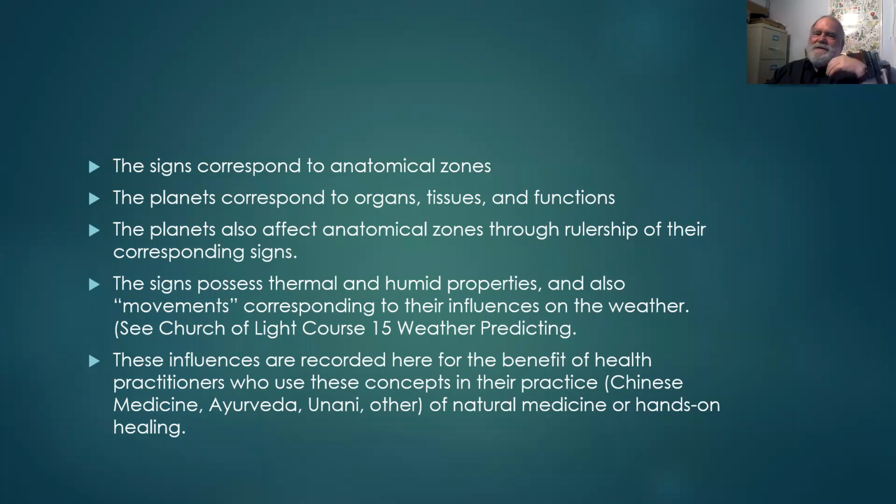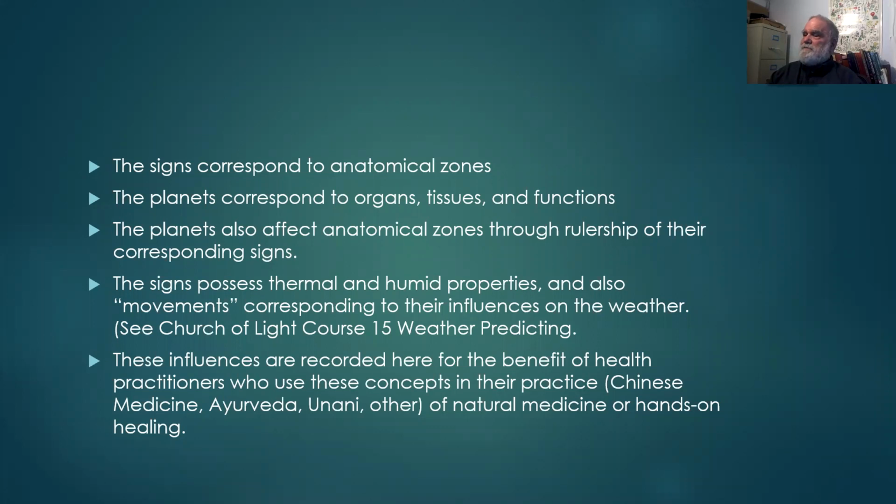All right. As I was saying last week, we're looking for discords. It's the discordant aspects in the chart that will create discords in the health or in the anatomical zone. So we find that the signs correspond to anatomical zones.